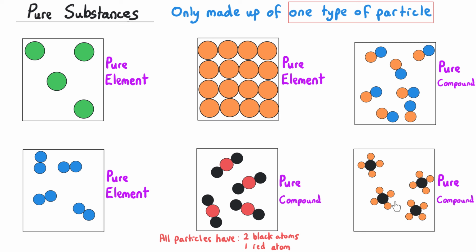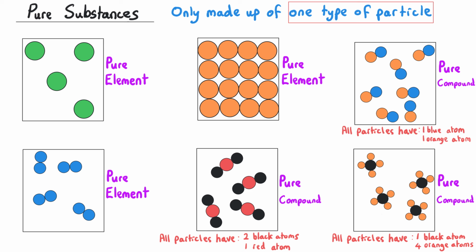And this one bottom right, all of these compounds have got one black circle and four orange circles, and so that's all the same compound. And on the top right, this compound is pure as well because all of the particles have got one blue atom and one orange atom, and so the compounds are always the same because they're always in the same ratio in each of the examples. So 100% pure, all of the particles are the same.